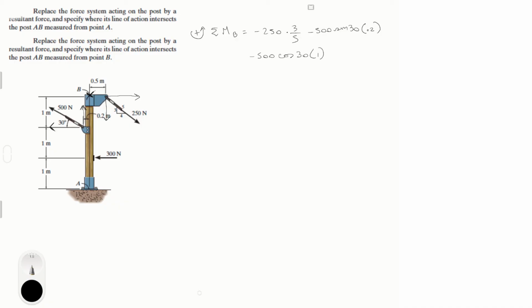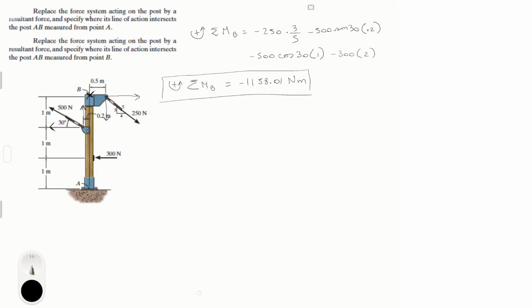And last but not least, the 300 newton force, times 2. When you plug all these numbers into your calculator, you should get that this is equal to negative 1158.01 Newton meters. Sum of the moments at B, assuming counterclockwise is positive.